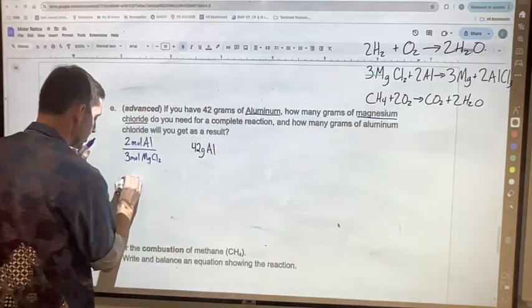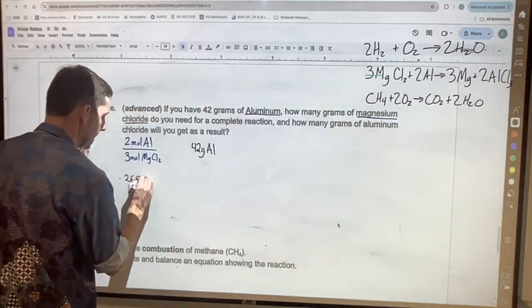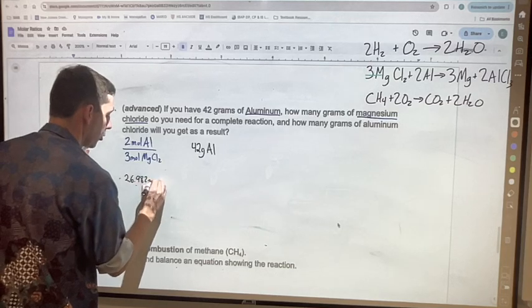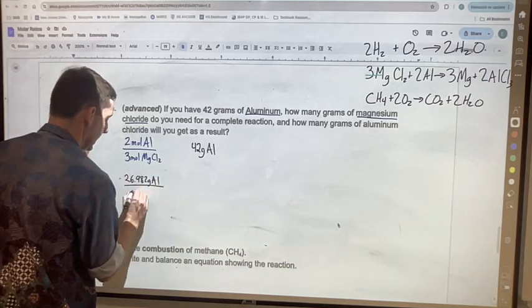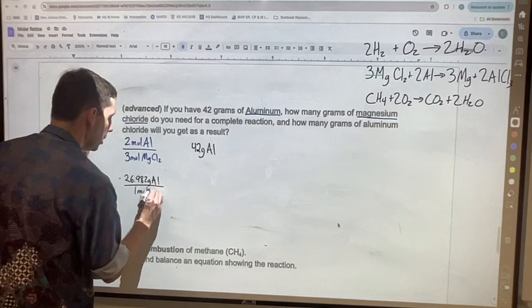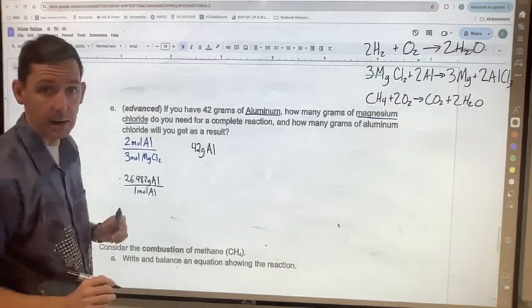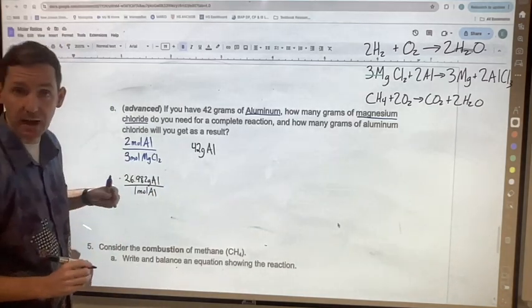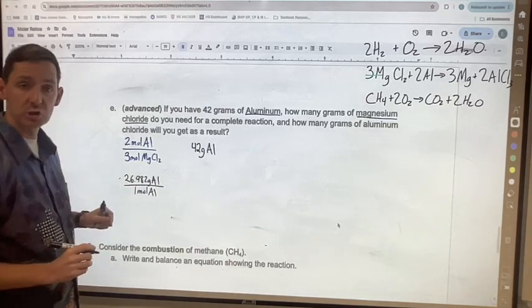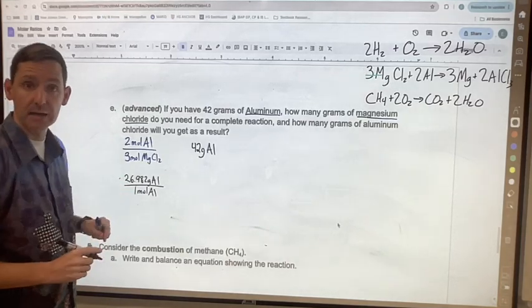We can write this over here. 26.982 grams of aluminum is 1 mole of aluminum. This can be either way, doesn't matter, but those two go together. I can look that up on my table.